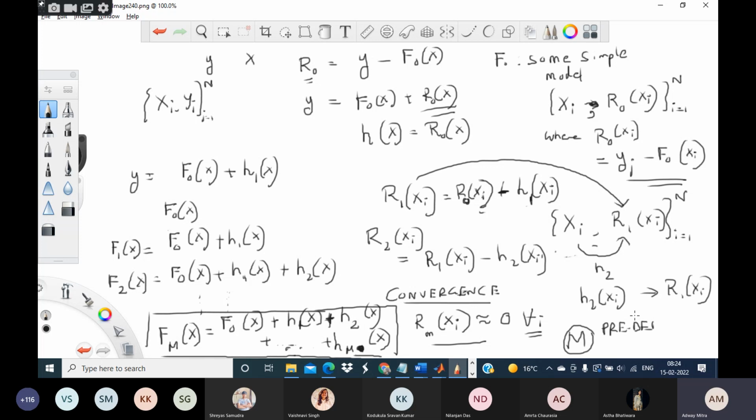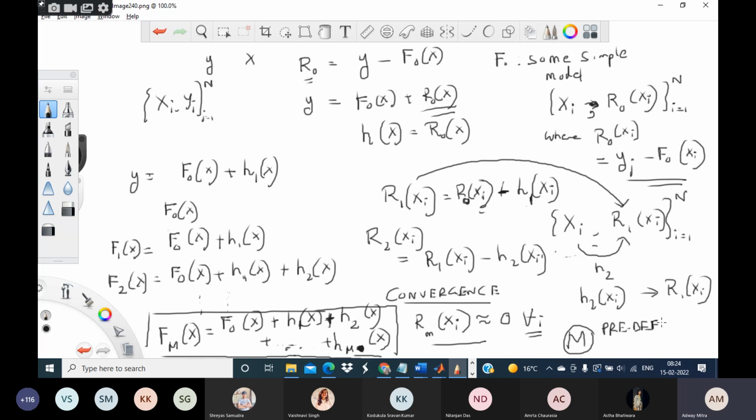So far we have not used that. Although we are calling it gradient boosting, so far in this treatment we have not yet considered gradients. But when we actually consider the gradients, you will see that it is the Taylor series coefficients which will become important. So yes, you are right.